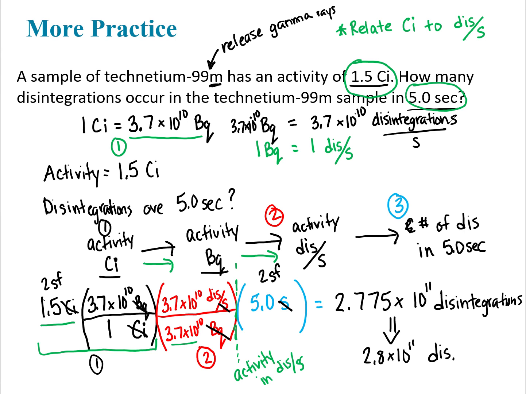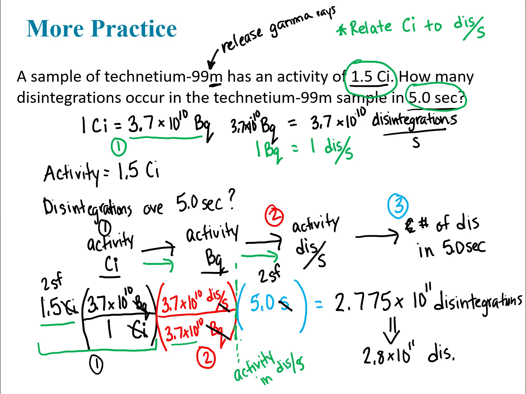So if we stopped right here, we would have our activity in disintegrations per second. The question is asking for the number of disintegrations. So we have to take that activity, which is just a conversion factor, and multiply by our time of 5 seconds.